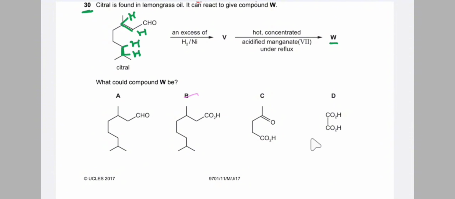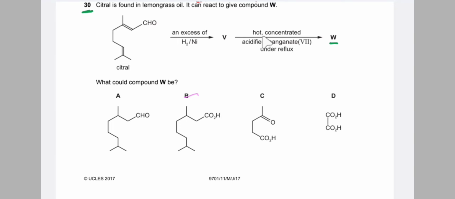And option D is obviously wrong and C is also wrong. So what occurs mainly is that hydrogen in the presence of nickel catalyst reacts with the double bonded carbon, the double bond breaks and the hydrogen atoms are attached. So there must not be any double bond.